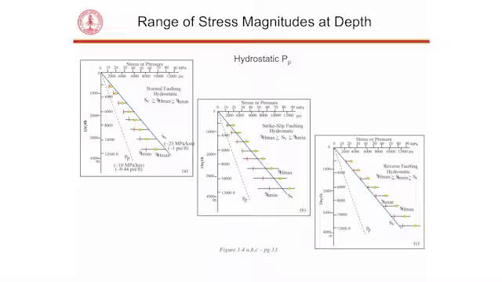That's for a density of rock about 2.3, which is a normal sedimentary rock with something like 15% porosity. That corresponds to 1 psi per foot in English units, and we'll kind of go back and forth between international units and English units. 23 megapascals per kilometer, 1 psi per foot is a typical overburden value.